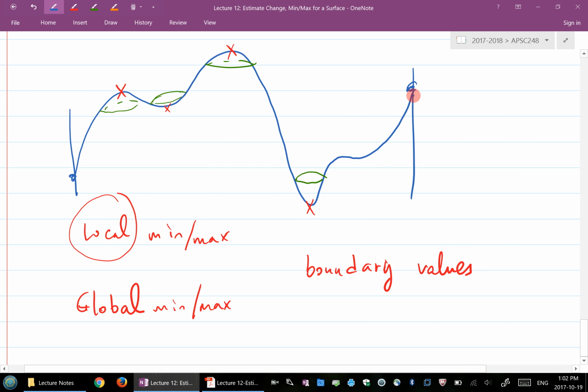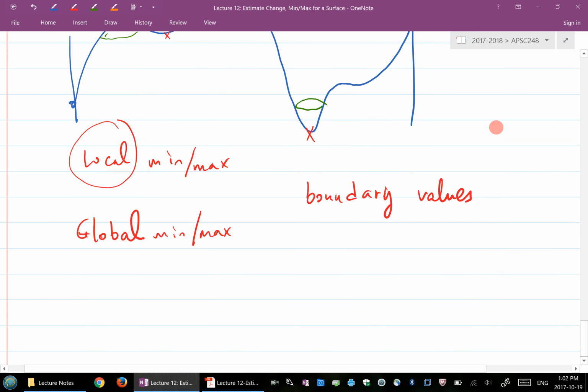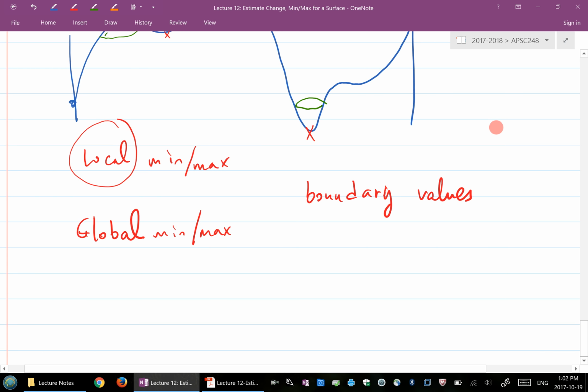Good. Okay. So now they pose two questions, right? First question: how do we know this is a local minimum or local maximum? The first question is, how do we know that this is a local extreme?